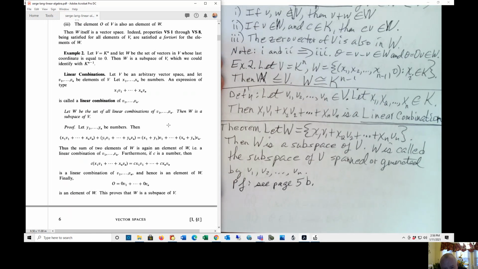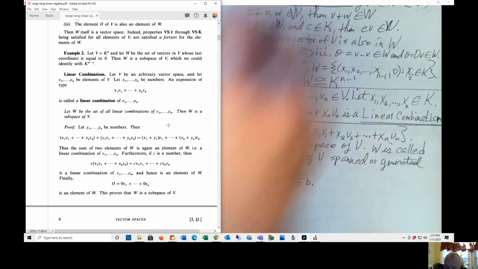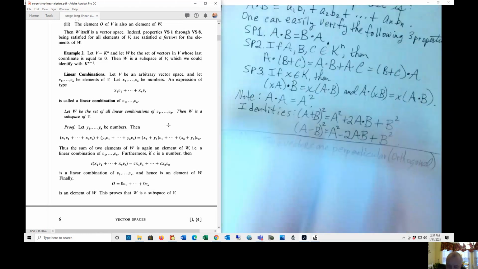So that's the idea of a closure axiom. Third, it's clear that the zero vector is in the set by simply taking x1 through xn to be 0. And so we see that the space of all linear combinations spanned or generated by v1 through vn is a subspace of the vector space.